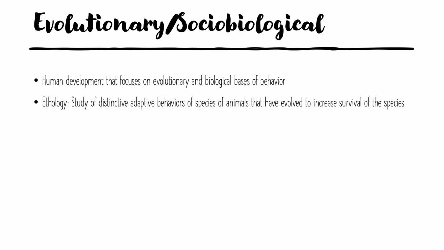Evolutionary sociobiology basically is the human development that focuses on evolutionary and biological basis of behavior. The theory is influenced by Darwin's theory of evolution and combines anthropology, ecology, genetics, and more to explain adaptive value of behavior.